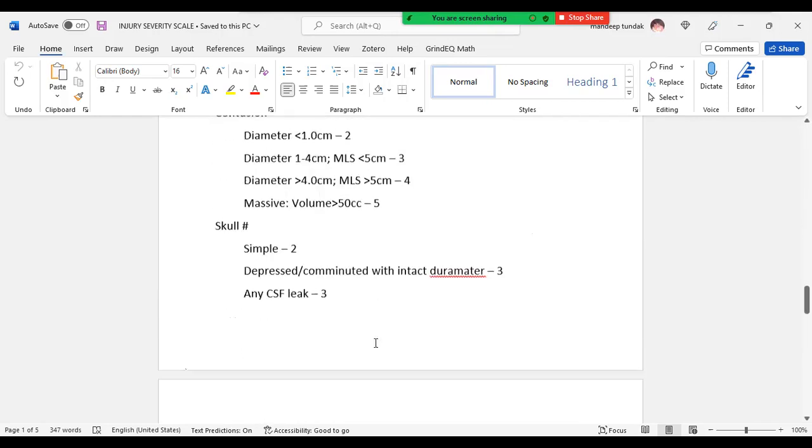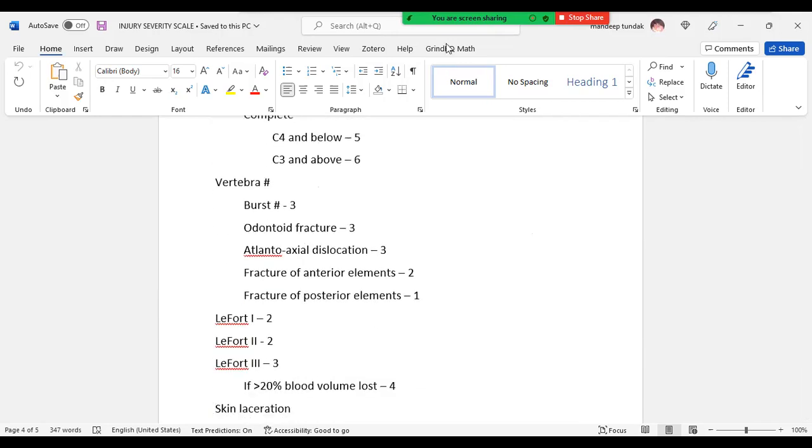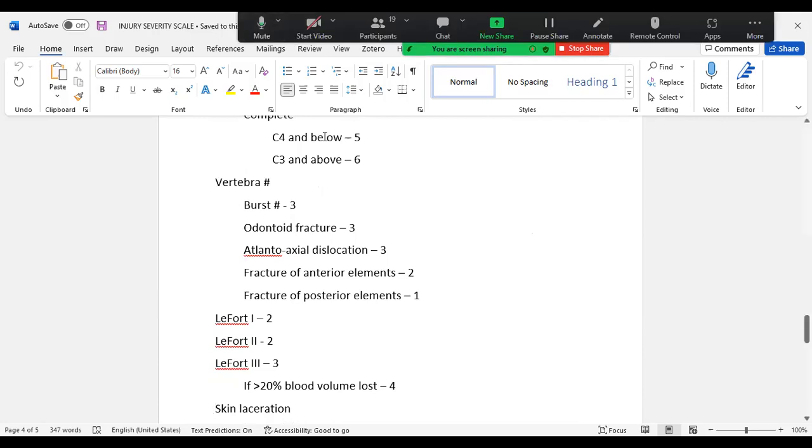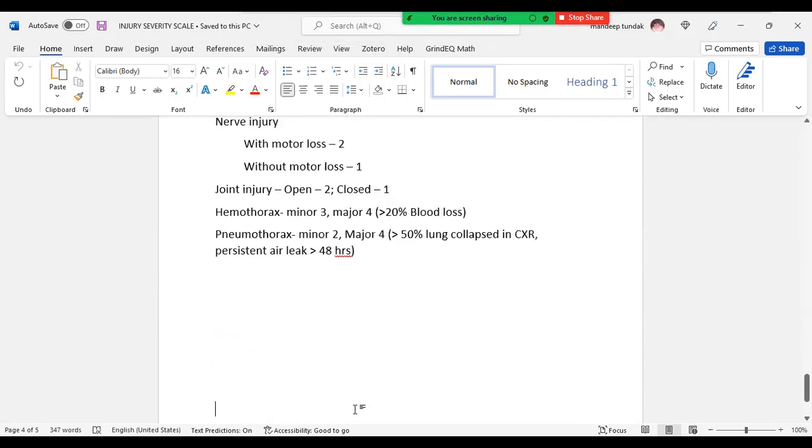If we can have a few examples, you can unmute, those who are properly listening and can answer. We will have 2 or 3 examples. I will write in this only.